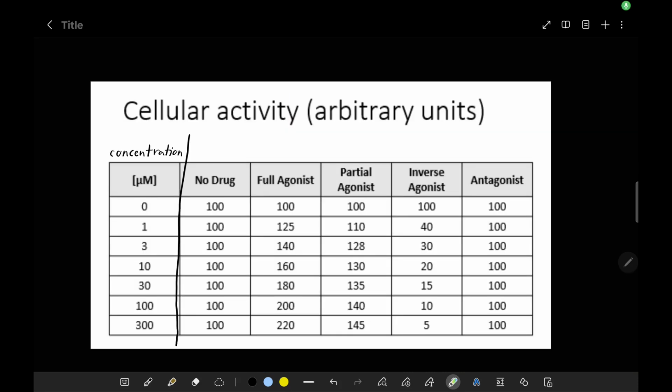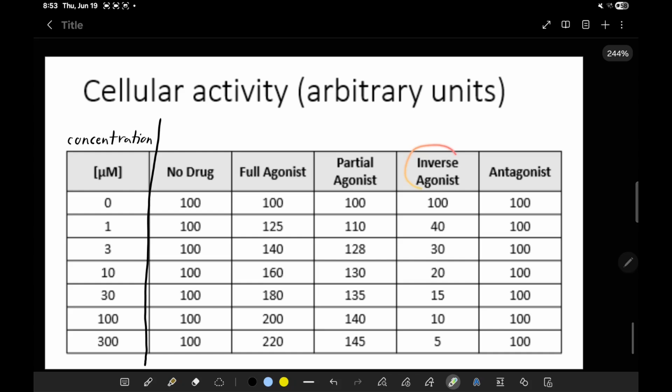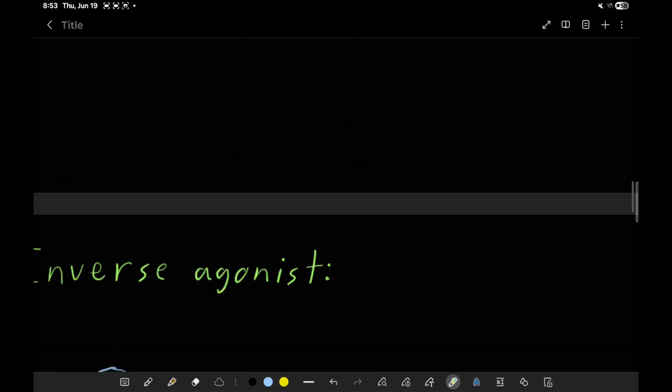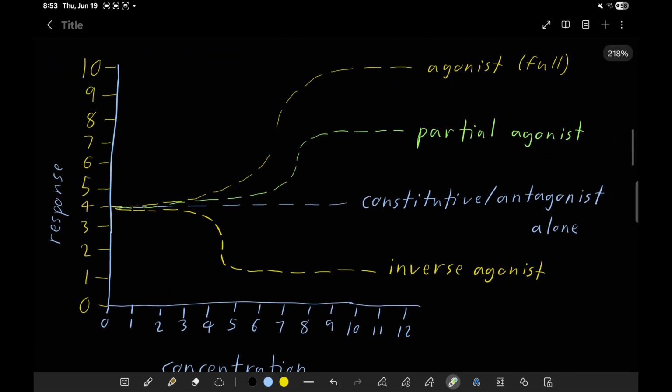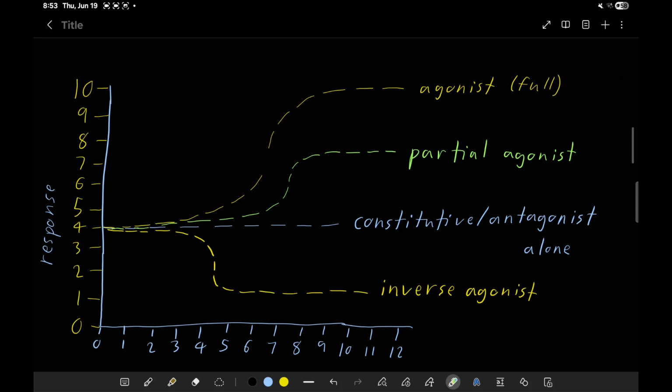Now, one really important thing to note with inverse agonists is that the more you add, the higher concentration you have, the more and more it will lower your response, but it will not get to zero. It can get close to zero, but it won't get to zero. The level of activity in your cell, there will always be a little bit. It cannot completely eliminate the cell's natural response. And that's why we draw the dose response curve like this. As you add inverse agonist, it lowers response, but eventually it plateaus.